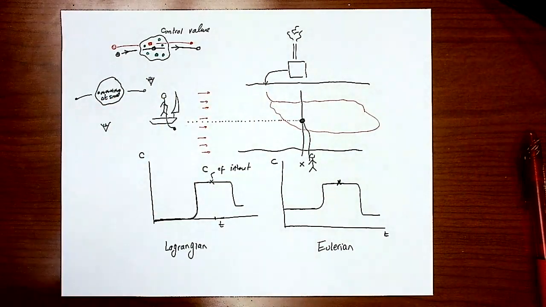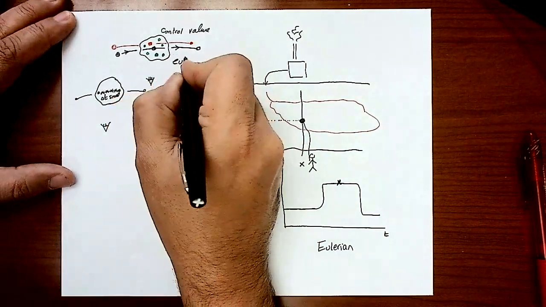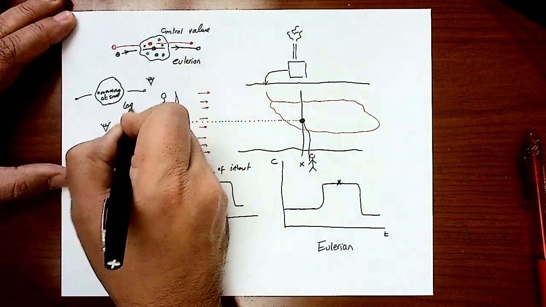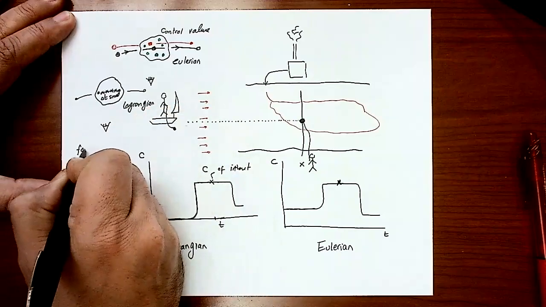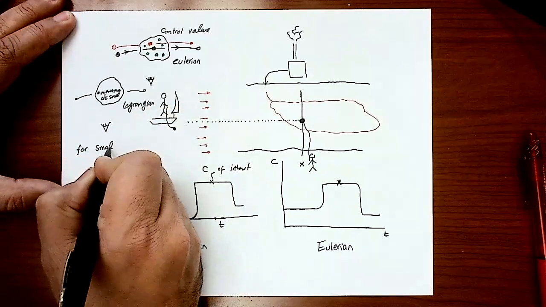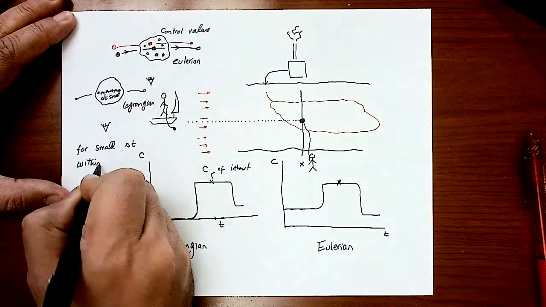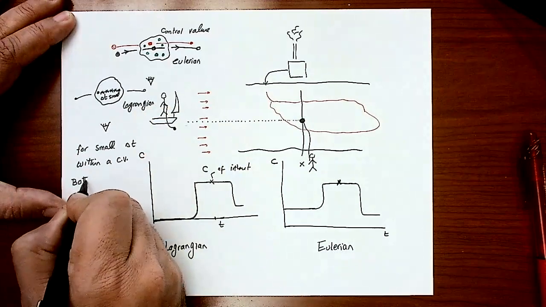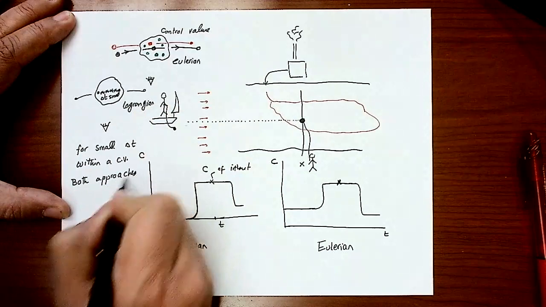So in this situation, this is the Eulerian, this is Lagrangian. So for small delta t within a control volume, both approaches meet.